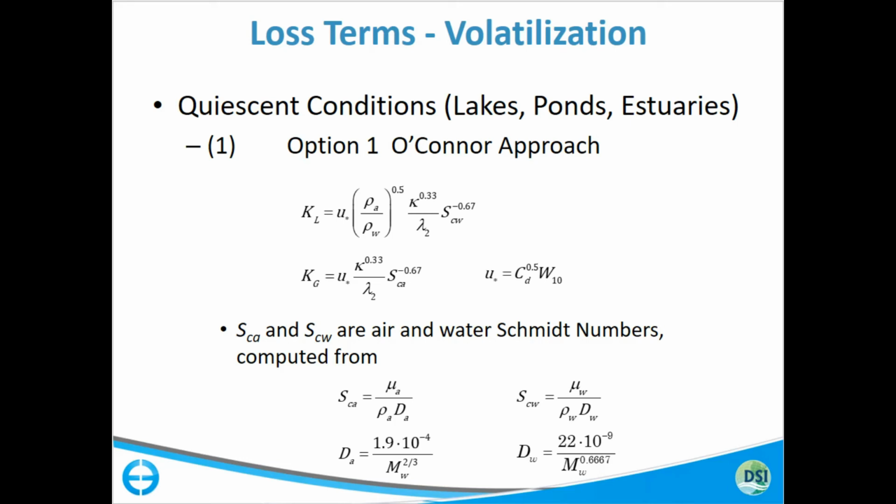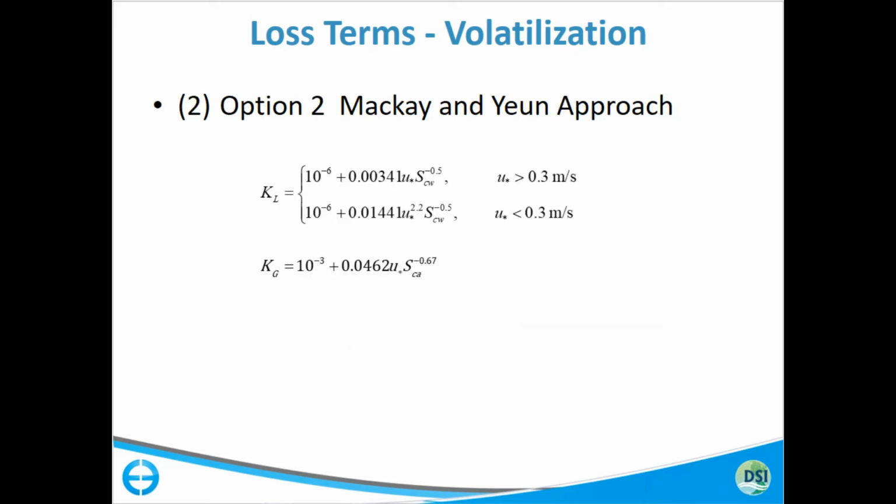W10 here, that's your drag coefficient at the surface of the water, and it's a constant right now. It doesn't vary. It's something we might think about varying, and this is the wind speed at 10 meters. Option 2 is the McKay and Yoon approach, and basically, again, it still uses the Schmidt number, the shears.